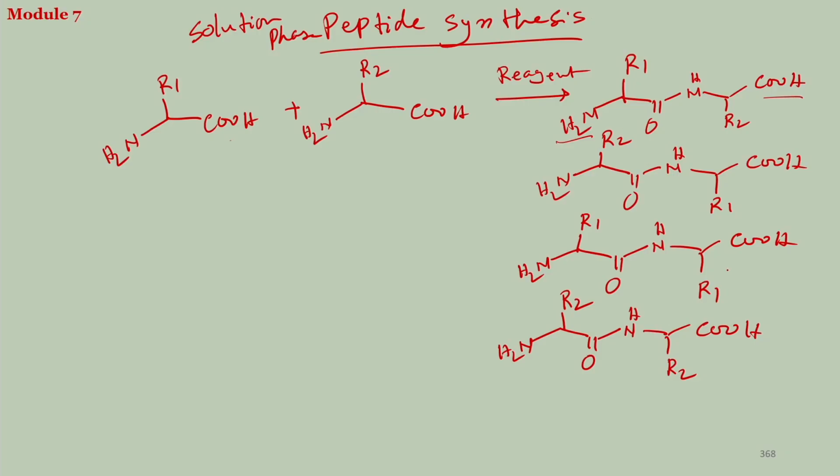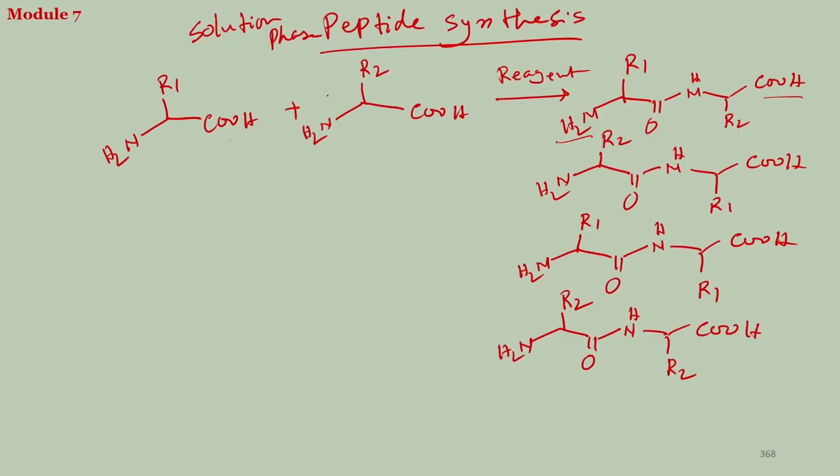If the side chains are not very different, then the separation would be very difficult if you have that many possibilities of product formation. So what is the way out? If you want to do it in solution phase itself, just a dipeptide first, what is the way out?